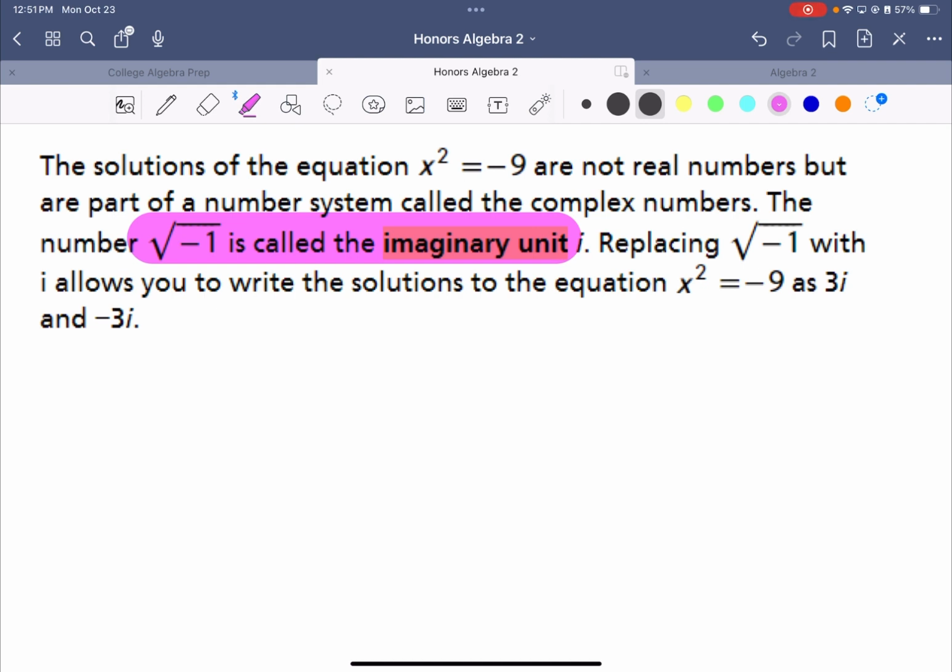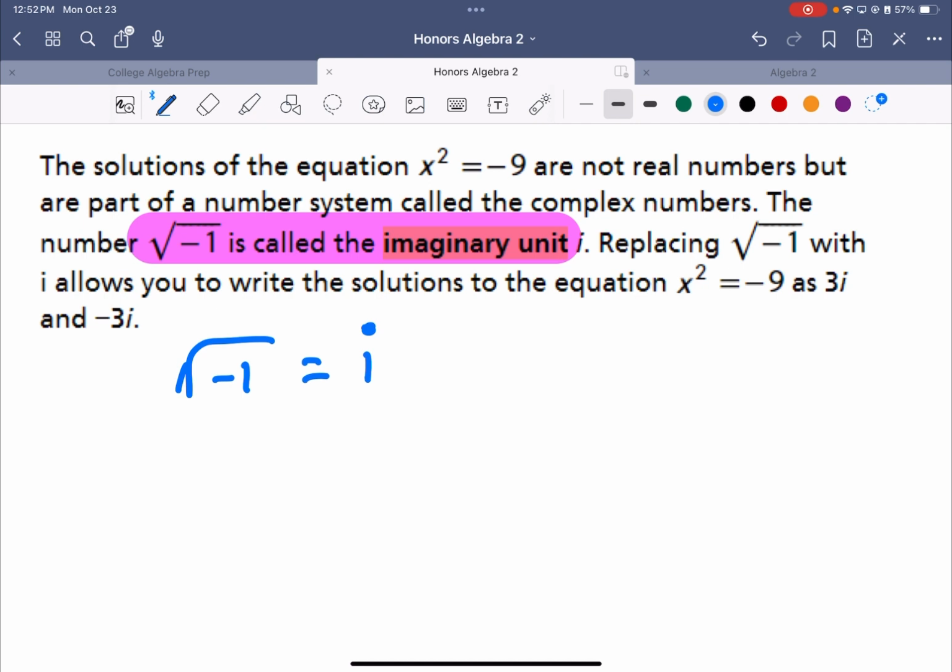And what we do is we replace the square root of -1 with an i. When we do that, it becomes, again, an imaginary unit. So anytime you see the square root of -1, you can replace it with this imaginary unit, i.